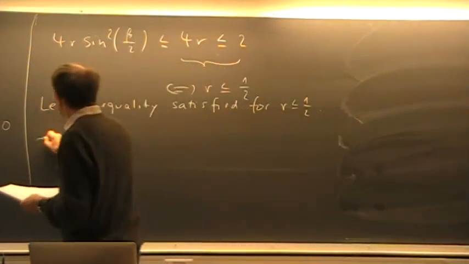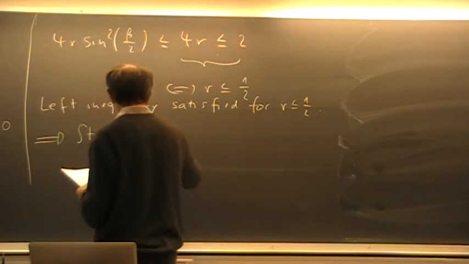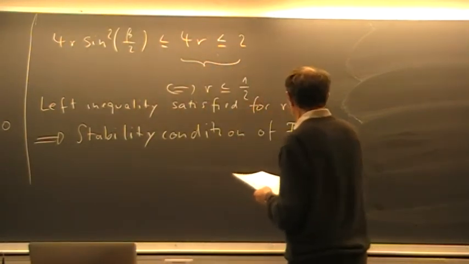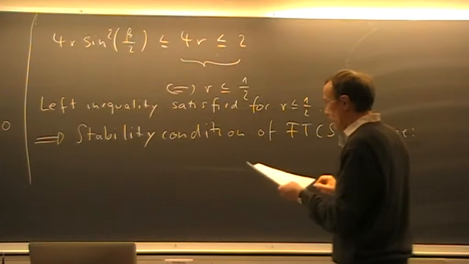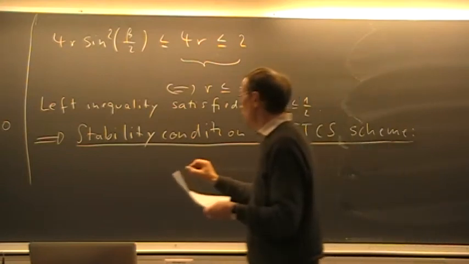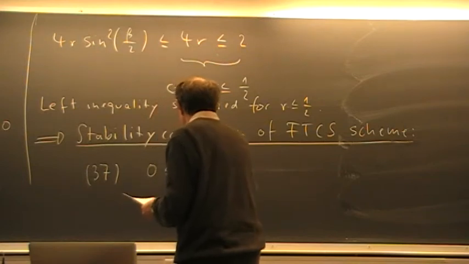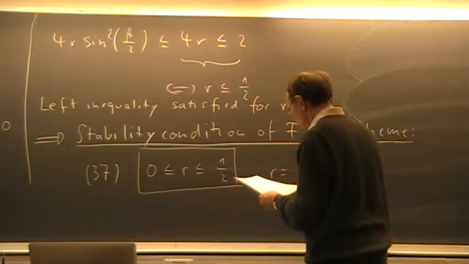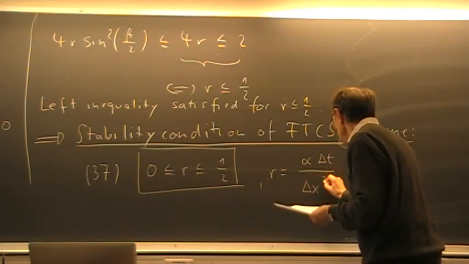So from that we get the stability condition of the forward time centered space scheme. That is, as we derived now, the condition that the stability parameter r has to be between 0 and 1/2, and r is alpha delta t divided by delta x squared.